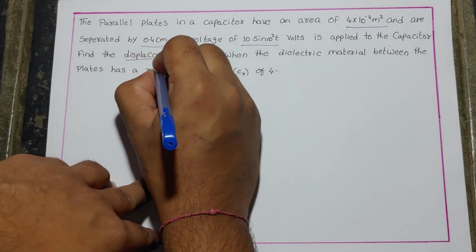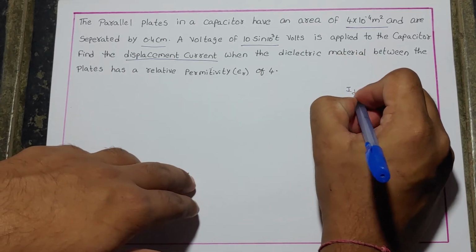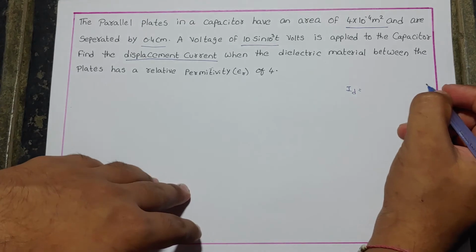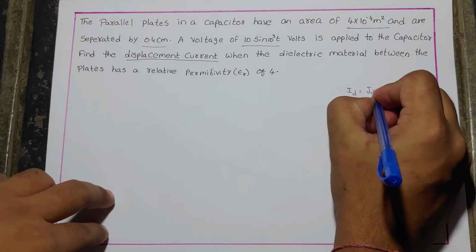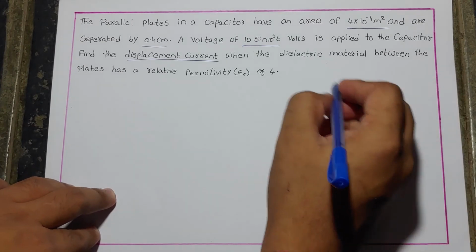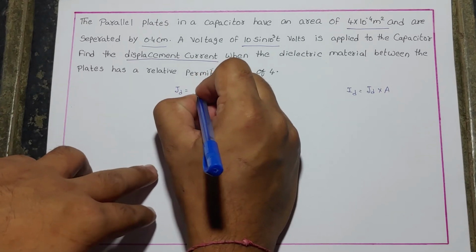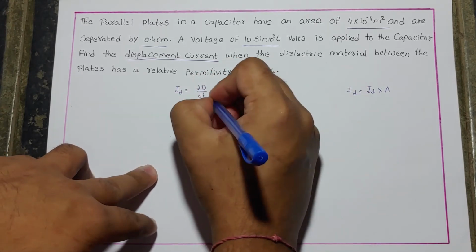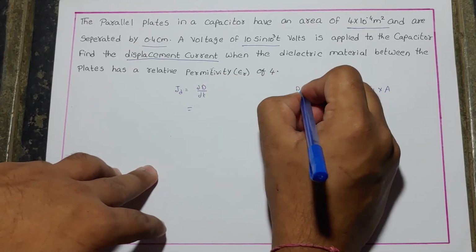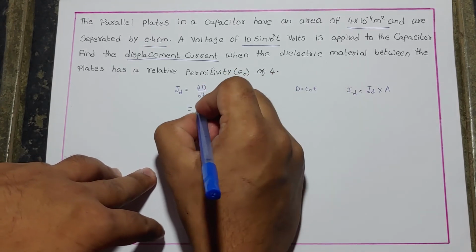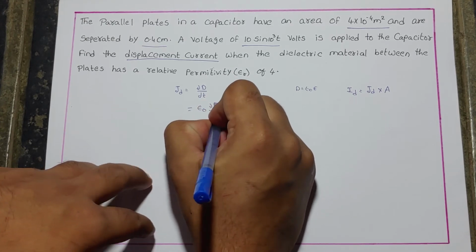We need to find the displacement current, that is Id. We know that Id is equal to Jd times A, but here Jd is not given, so Jd is equal to dou D by dou t, and we know that D is equal to epsilon naught E, that is epsilon naught times dou E by dou t.